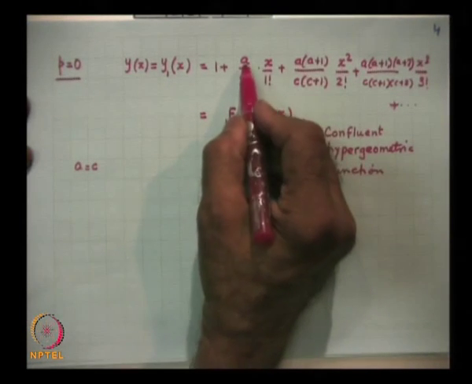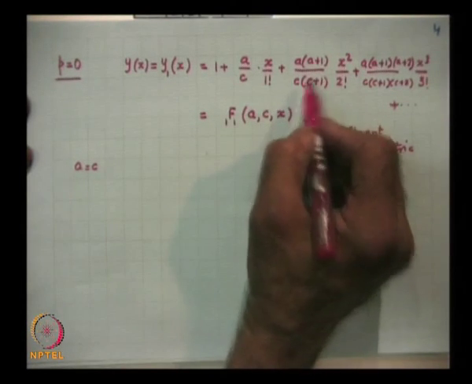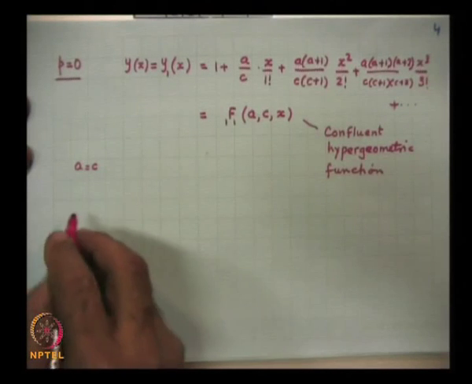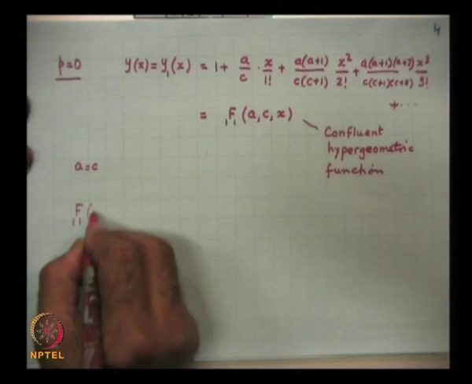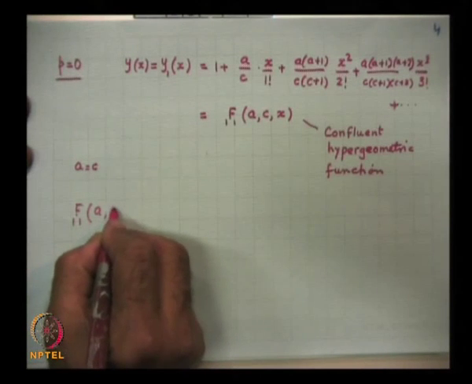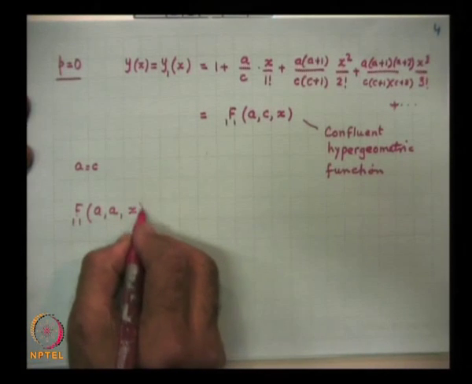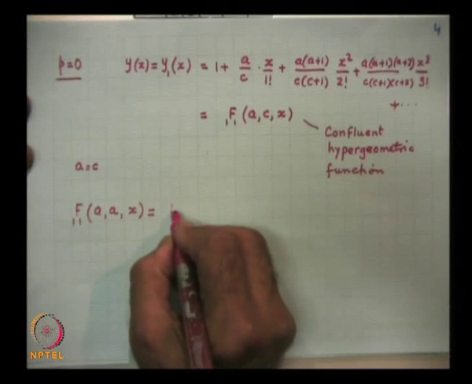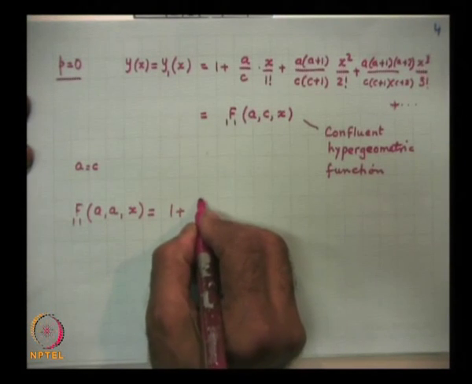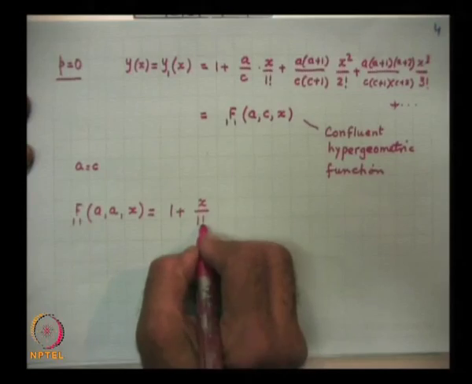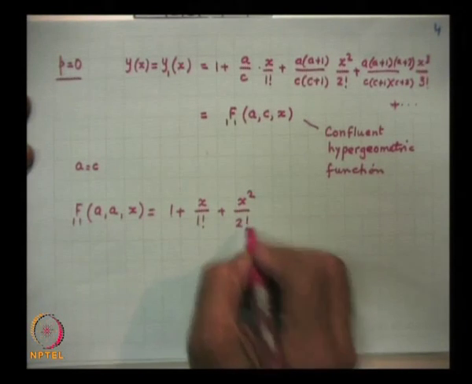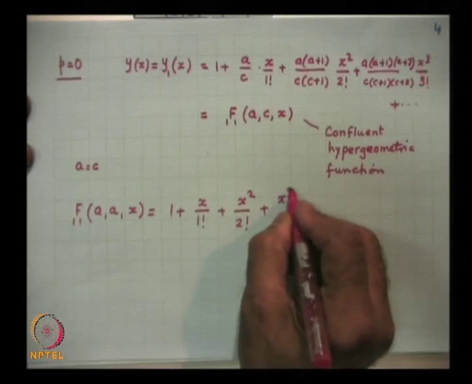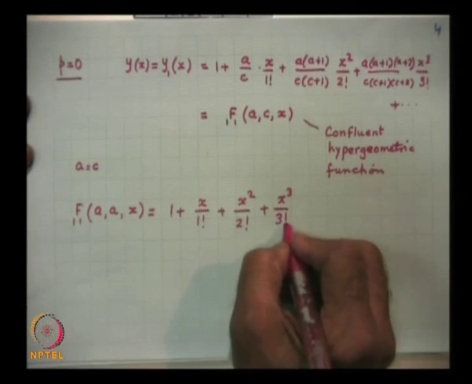When a is equal to c, each of these factors is 1. So, 1F1(a; a; x) is equal to 1 plus x by factorial 1 plus x square by factorial 2 plus x cube by factorial 3 and so on.